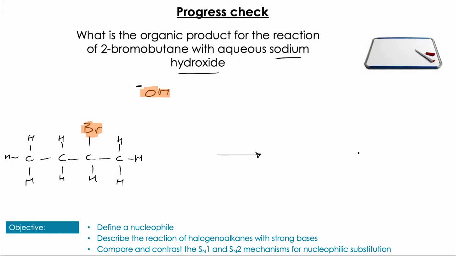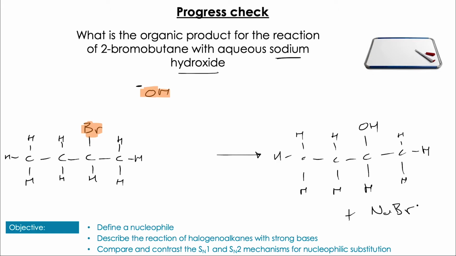So it's not asking whether it's Sn1 or Sn2 at all. All we need to do is draw the same molecule with OH in place of the Br. The other product will be NaBr if we've had NaOH. So it could do either of the mechanisms because it's secondary, but that's not what the question asked.